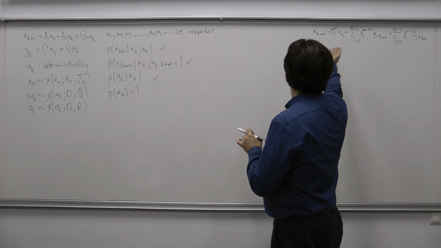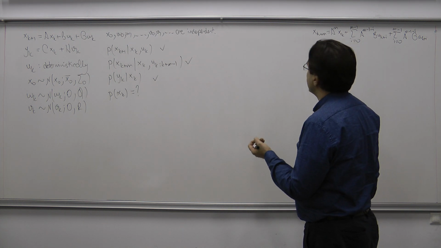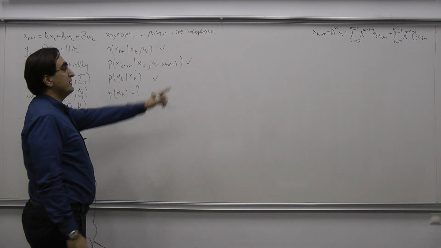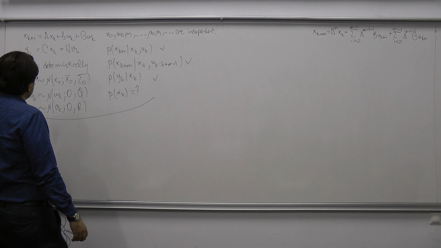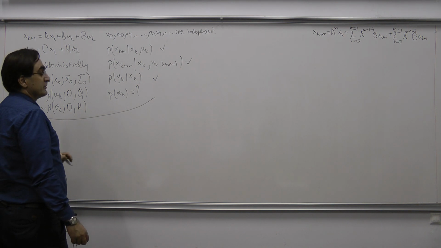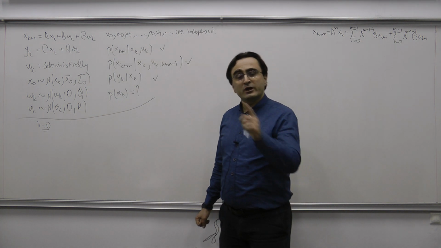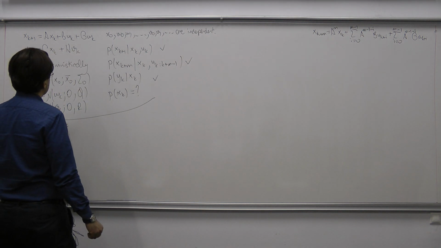And I can actually do it from the m-step transition expression here. How can I do that? In that expression, I can set k equal to 0. I want the transition function from 0 to k. So I want m to be equal to k.